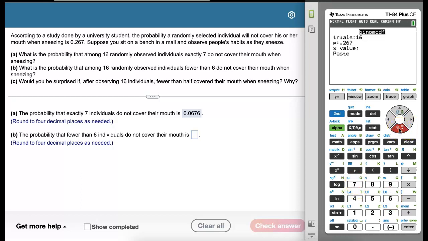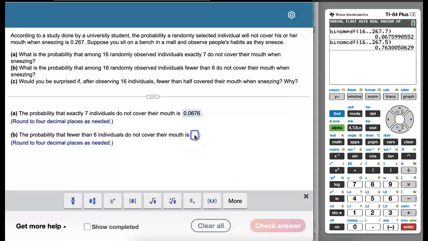And we want fewer than 6. Okay, so this should be 5 or less. And by default, our calculator here is looking at the less than case. So that matches up perfectly with what we have in our calculator. So fewer than 6 should be this value.